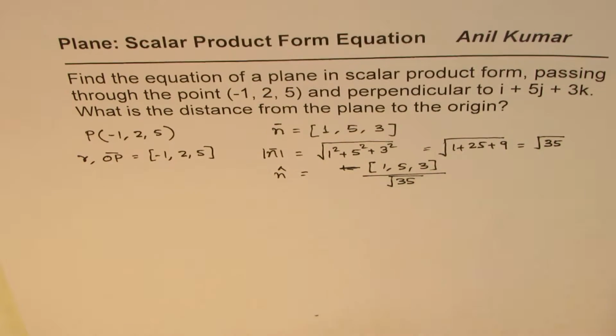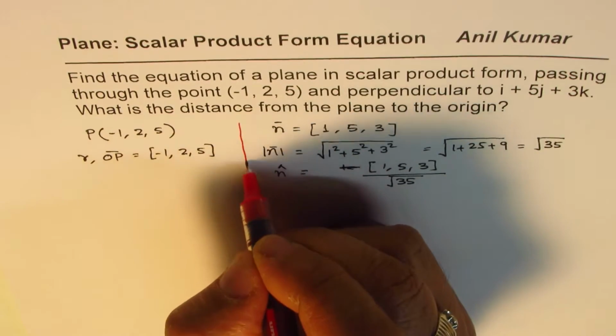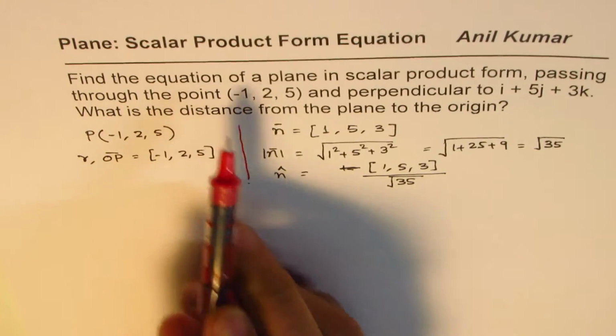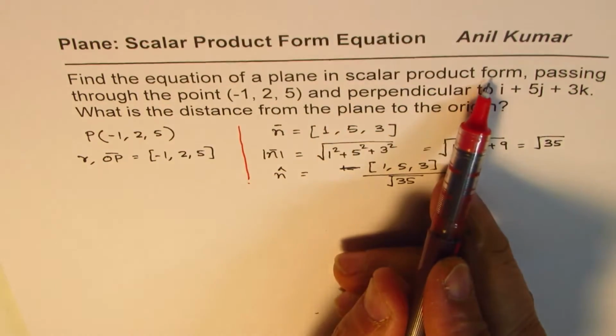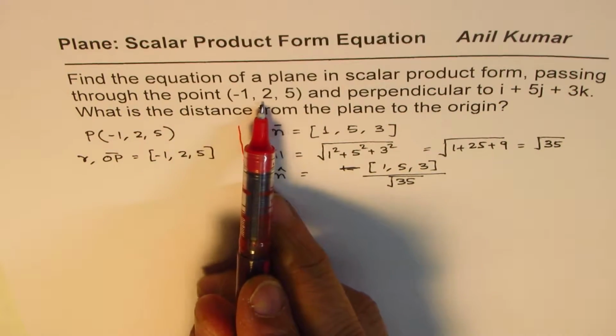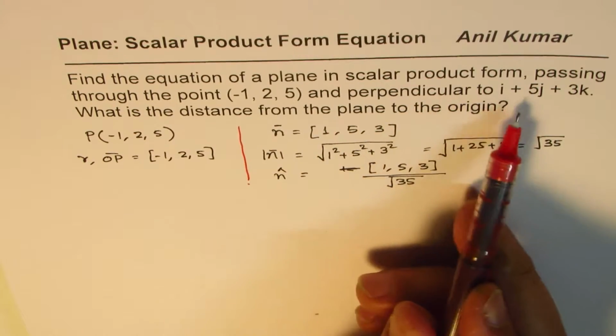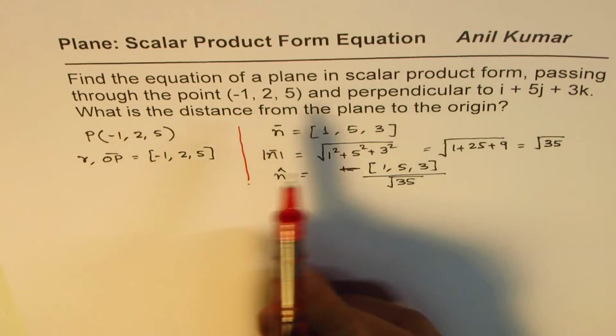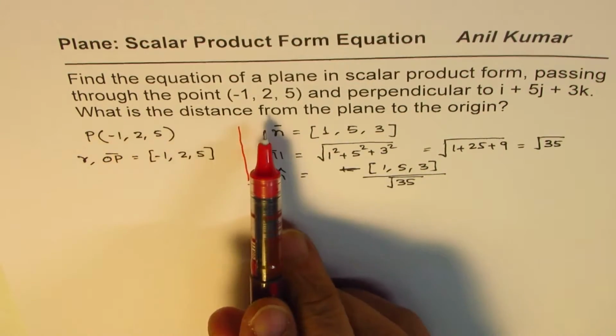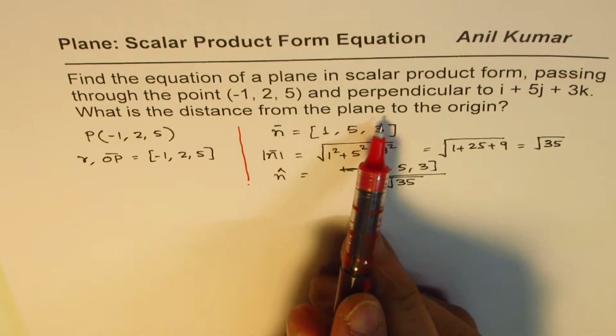Now let's read the question once again and relate all these things. Find the equation of a plane in scalar product form passing through this point and perpendicular to the normal vector to the plane, right? What is the distance from the plane to the origin?